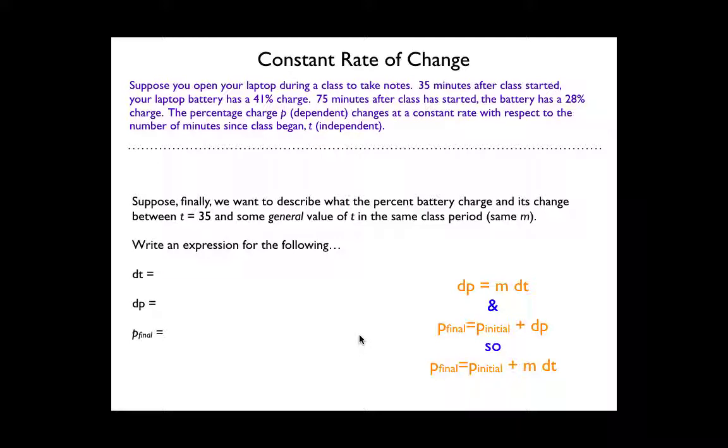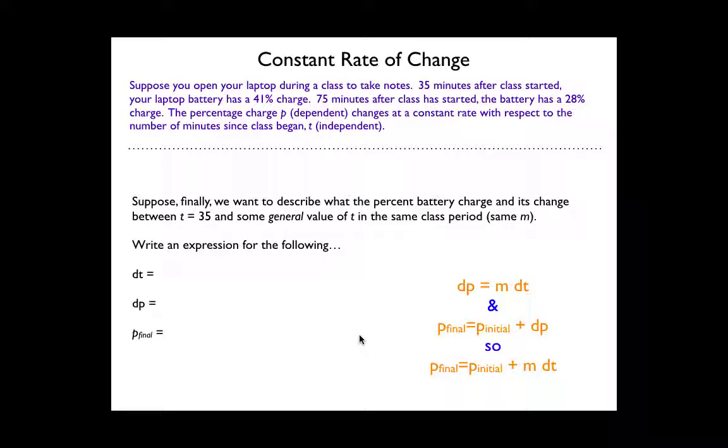Since I don't know the percent charge at a general time t, and that's my task here, to find p final, since p and t are related, to find that change, instead of doing final minus initial, remember that p and t are related by this constant rate. So our trick is to use our constant rate of change. If I know how much t has varied by, then the amount that p is varied by is going to be a constant multiple of that. What's the number that we multiply by?